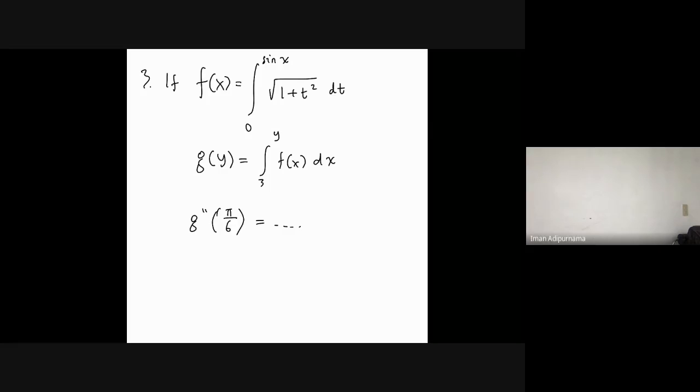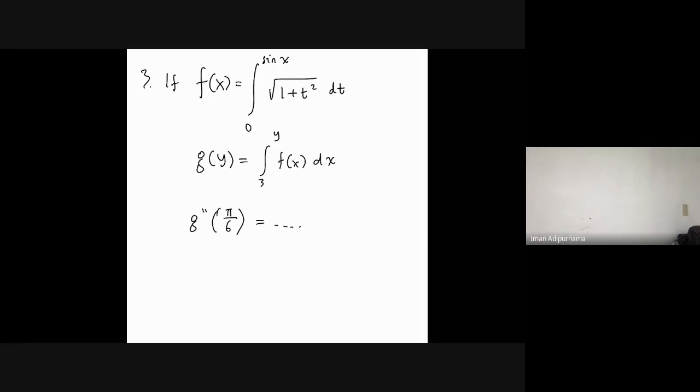So let me give you another couple of minutes to think and solve the problem. Of course, the whole idea here is to remove this integral. To remove the integral, you need to differentiate, right?